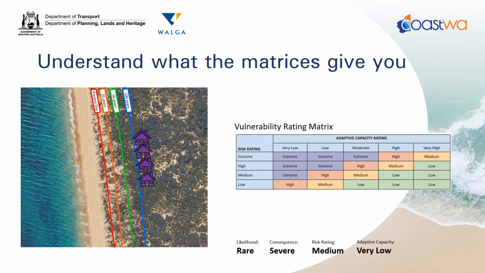That brings us to our vulnerability rating matrix. So if we take a risk rating of medium and an adaptive capacity of very low, we end up with an extreme level of vulnerability.